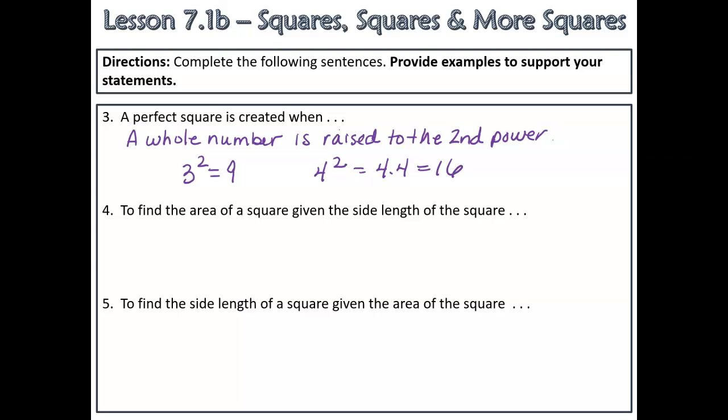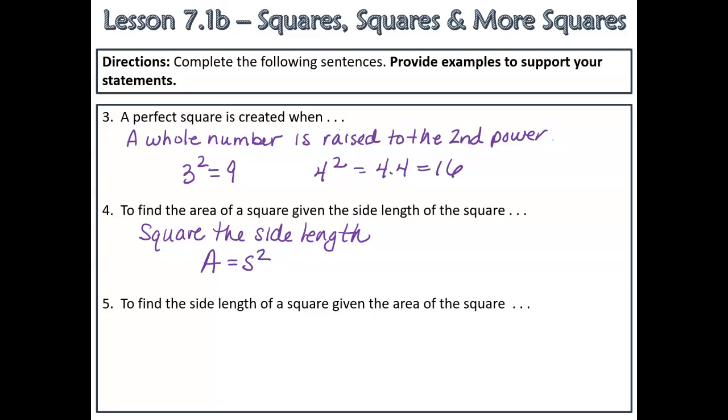To find the area of a square given the side length of the square, you square the side length. These 3 statements are really important. Square the side length. So to find the area, you square the side.